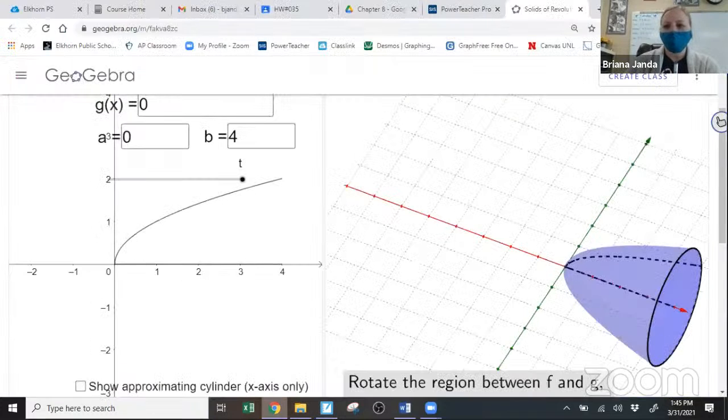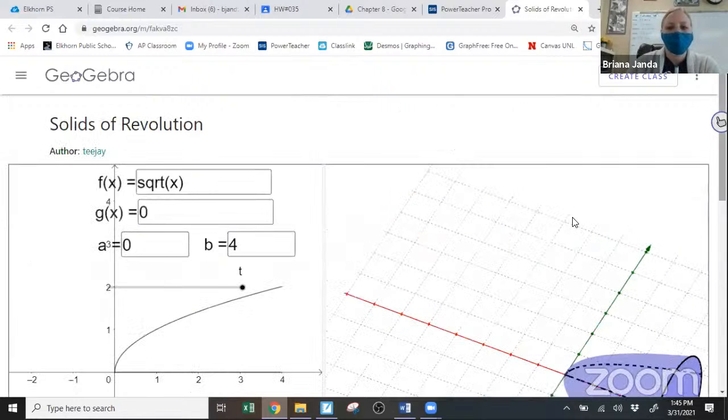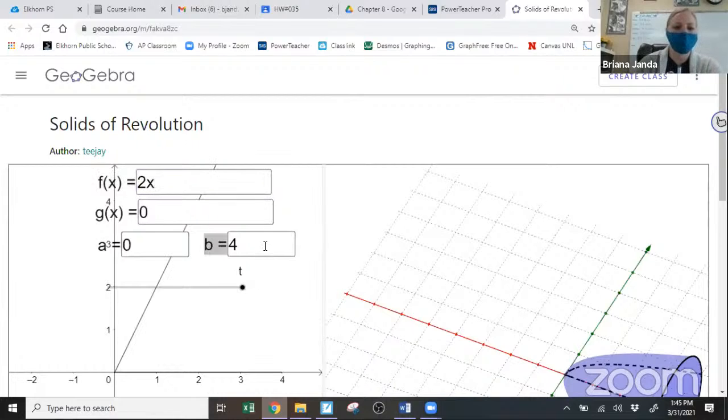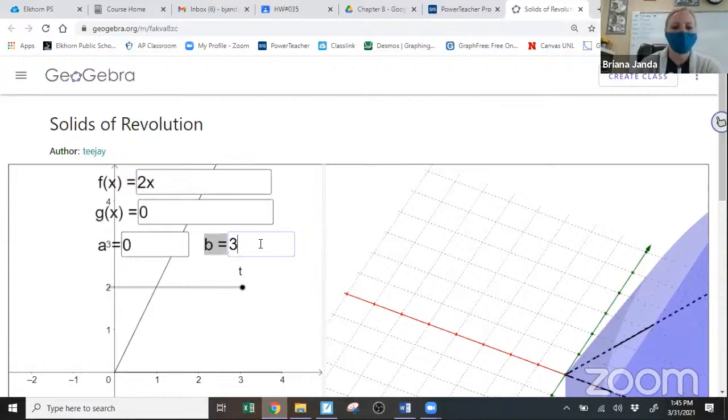This applet allows you to change the function. So we're doing 2x. We're going to go out to 3.